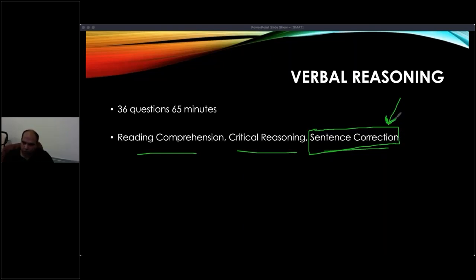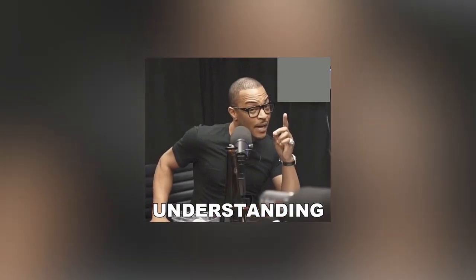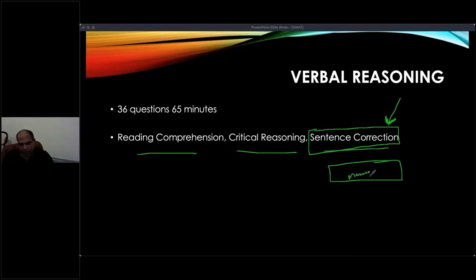In sentence correction, the key factor is not the grammar rule so much. Because even if you get the whole rule book in front of you, you'll not be able to find which answer is right. It's more about understanding the message in the sentence, and you have to try to understand what message is being conveyed, and then there will be 5 ways of conveying the message.